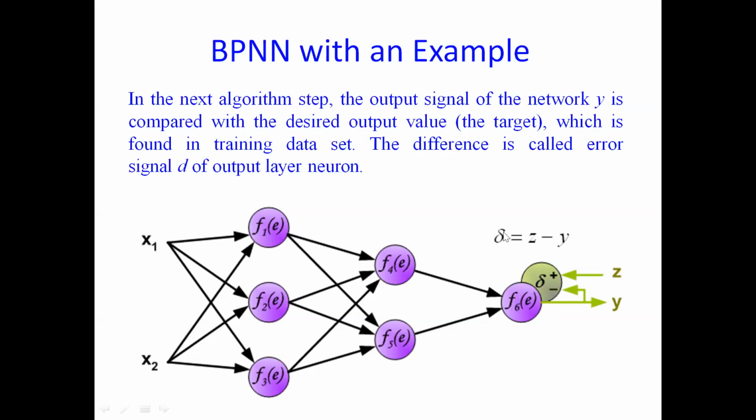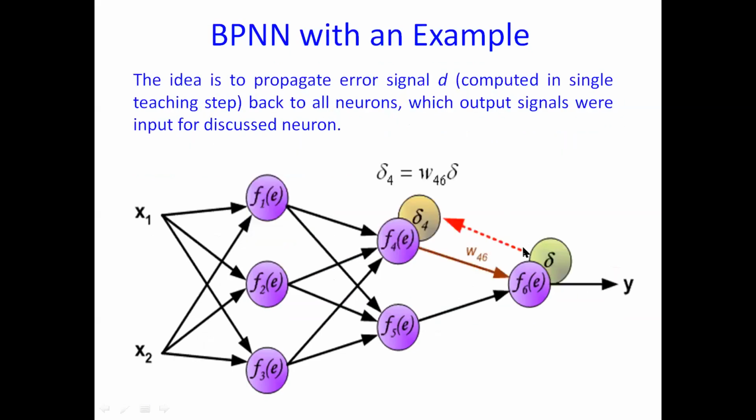output layer neuron. Now, since this is a backpropagation neural network, this error must be propagated from the output neuron to the input neuron, following the same path but in the opposite direction. In this way, this del starts to move backward.